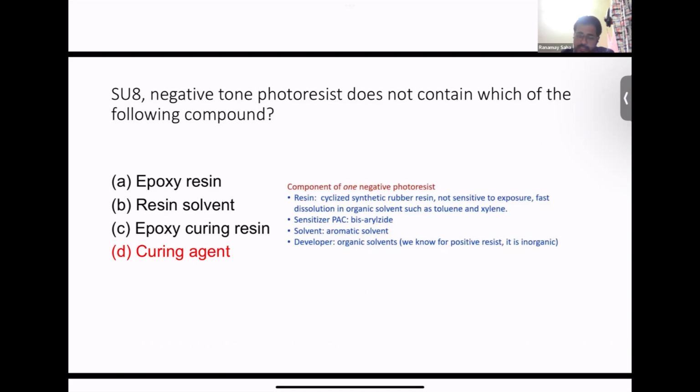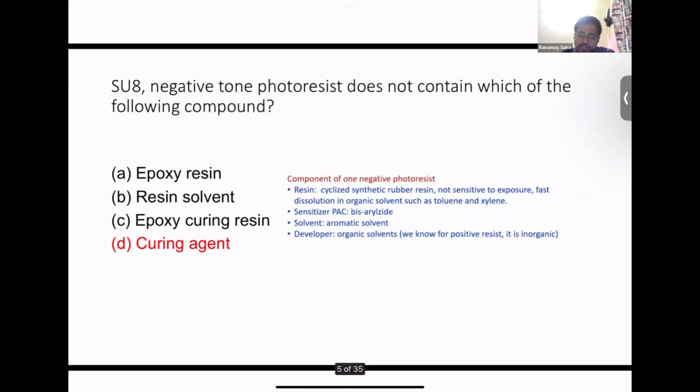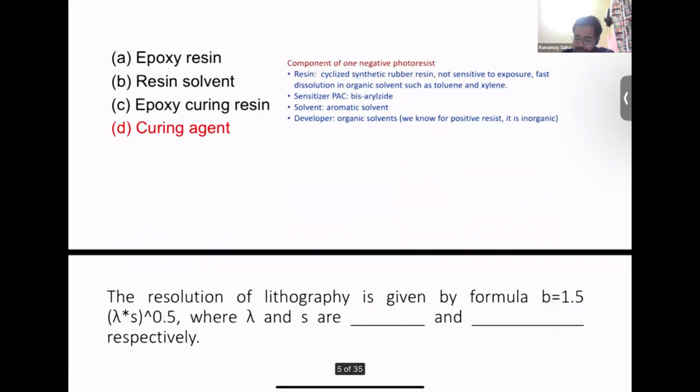And then a solvent is there to make the resist flow over the substrate, which is needed before the actual lithography process where we spin coat a particular resist material over a substrate. Okay, so without a solvent, that won't be possible, right? And then there is a developer, which you know is used to wash away the weakened portion after exposure. So curing agents are nowhere related, and option D becomes the correct option in this case.